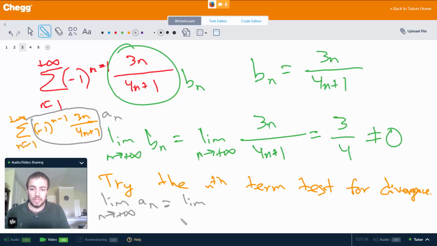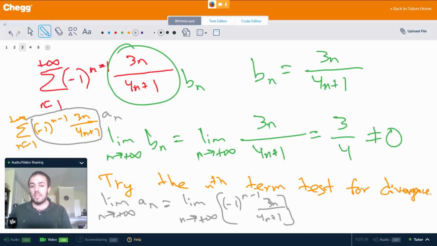Well, that's the limit as n goes to positive infinity of negative 1 to the n minus 1, 3n over 4n plus 1. Okay, so we have the limit as n goes to infinity of all that.